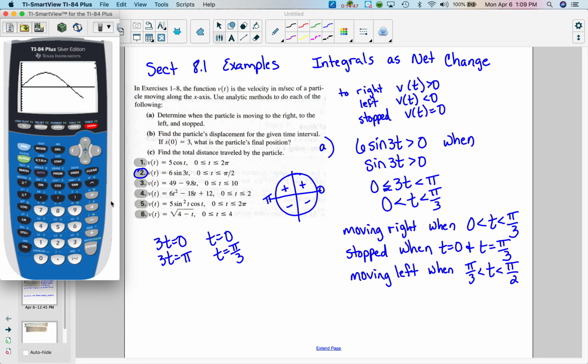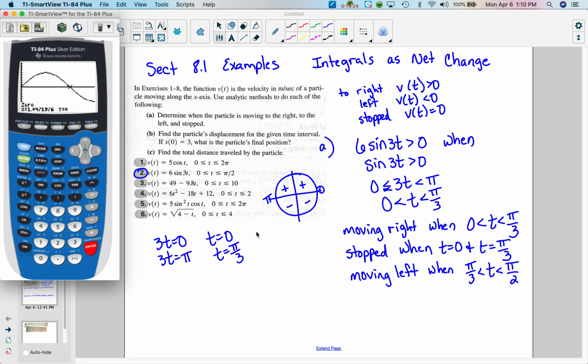Okay, so notice that it is positive. If I do second calc zero right here, I'm on the left, so that can be my left bound, and this can be my right bound, and my guess. We get 1.047, which is approximately pi over 3. So you can see that it's positive between 0 and pi over 3, and then it's negative, and you can see your zeros. So you could do this on your calculator.